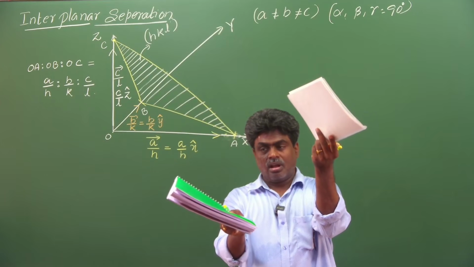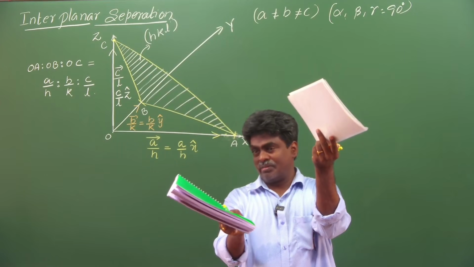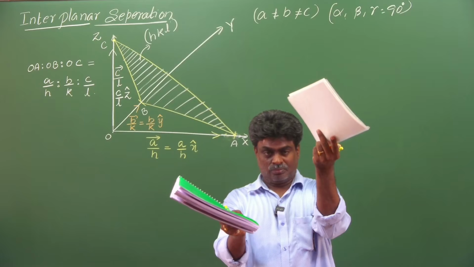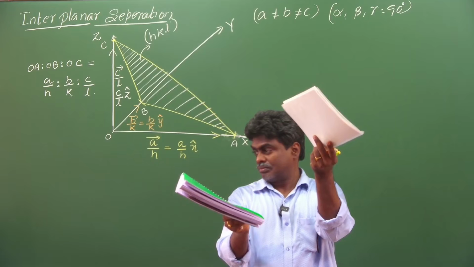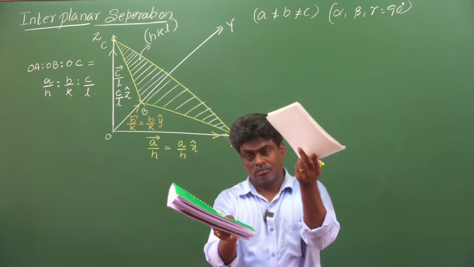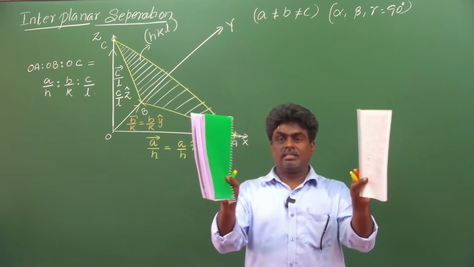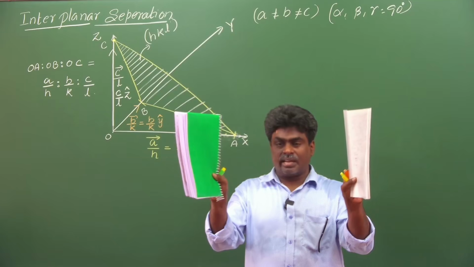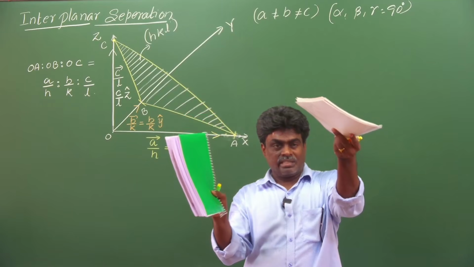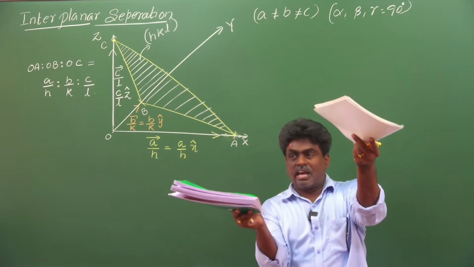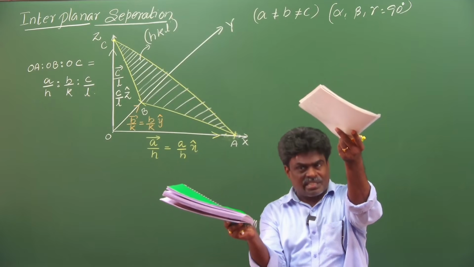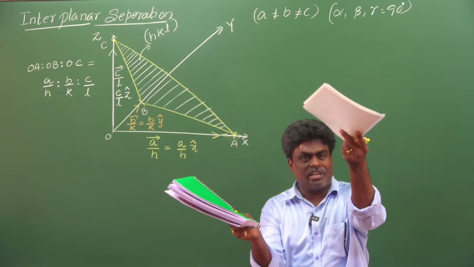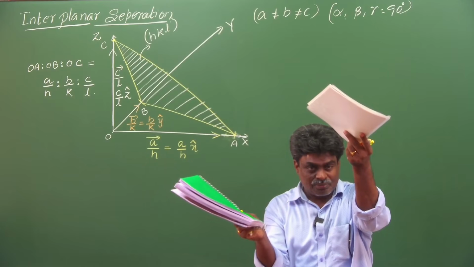I want perpendicular distance between them. What will you do? If it is like this, what is the perpendicular distance? Straight line. But unfortunately, this is having some inclination. But still I want the shortest distance. Shortest distance means perpendicular distance. What is your idea?